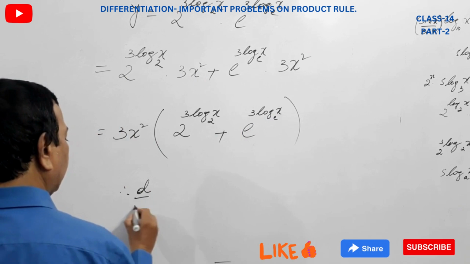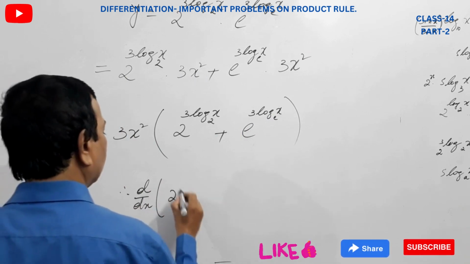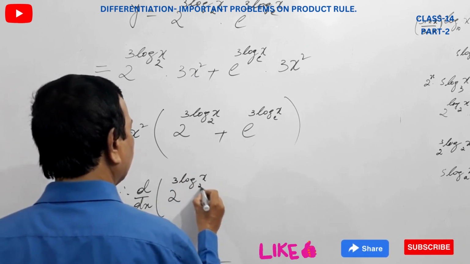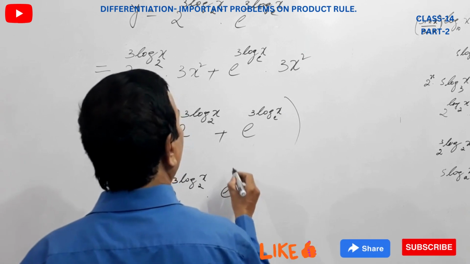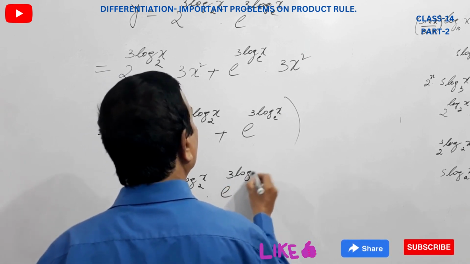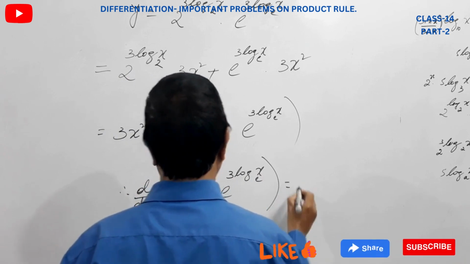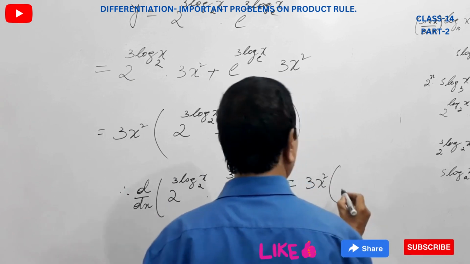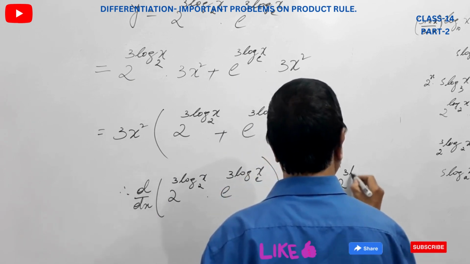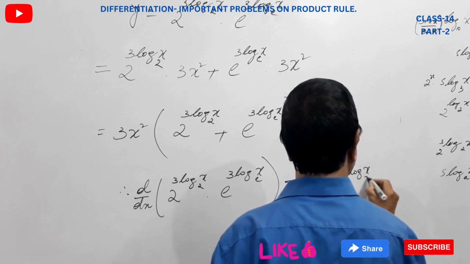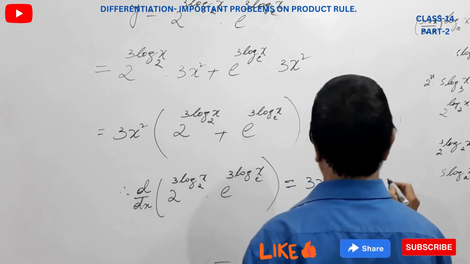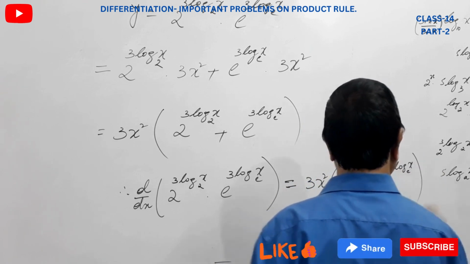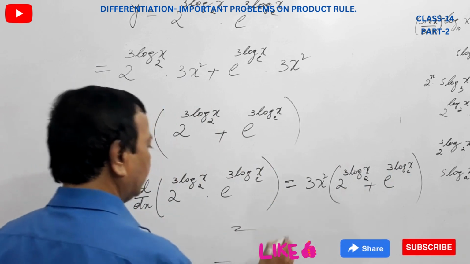Therefore d by dx of 2 to the power 3 log x to base 2 into e to the power of 3 log x to base e equals 3x square into 2 to the power of 3 log x to base 2 plus e to the power of 3 log x to base e. This is the required answer.